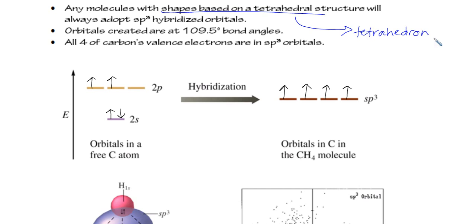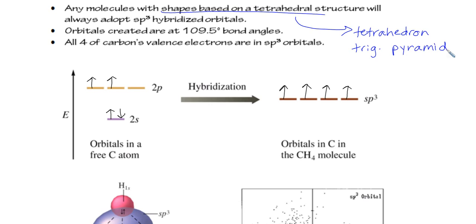If we have a tetrahedron like the true carbon CH4, if I have a tetrahedron as my VSEPR geometry, that's going to give me these sp3 hybrid orbitals, or any shapes based on a tetrahedron. So that would include trigonal pyramid. Remember the trigonal pyramid? Where I have 3 bonding regions and a lone pair.